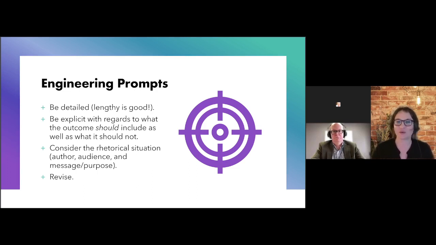We go to Google and we want to use as few words as possible, be really specific and short, and get the best results that way. And we're having to kind of unlearn that. So you can give multi-paragraph level prompts, be as detailed as you possibly can, and be as explicit as you possibly can. And that means incorporating things that it should do that you want to see, and also things that you don't want it to include.